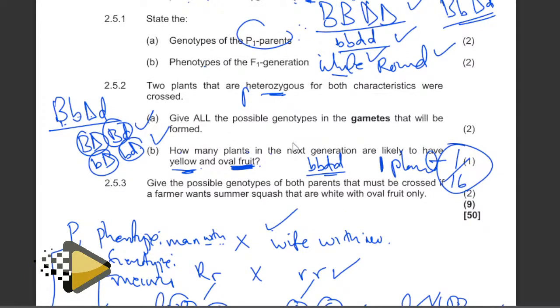Give a possible genotype of both parents that must be crossed. A farmer wants squash that is white and oval.